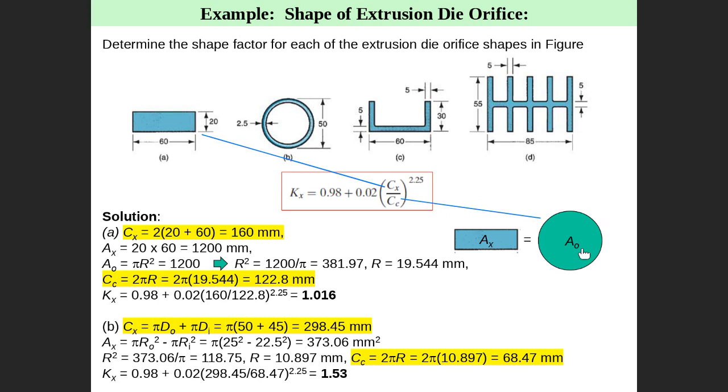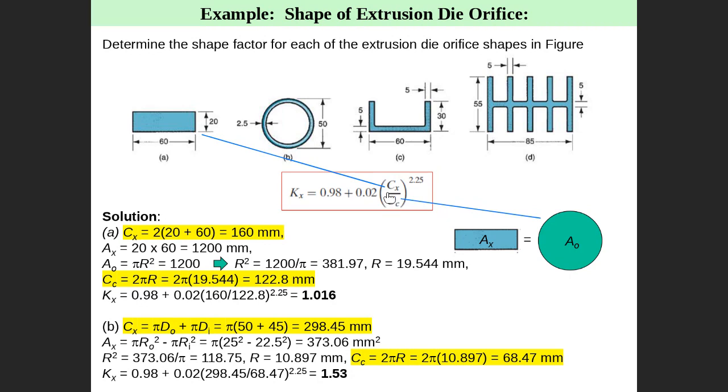Someone will ask me why we do this. Please listen to me carefully. All the previous analysis we did was for a circular extruded bar. That's why we compare the circular shape, which is the default shape, with the actual shape.